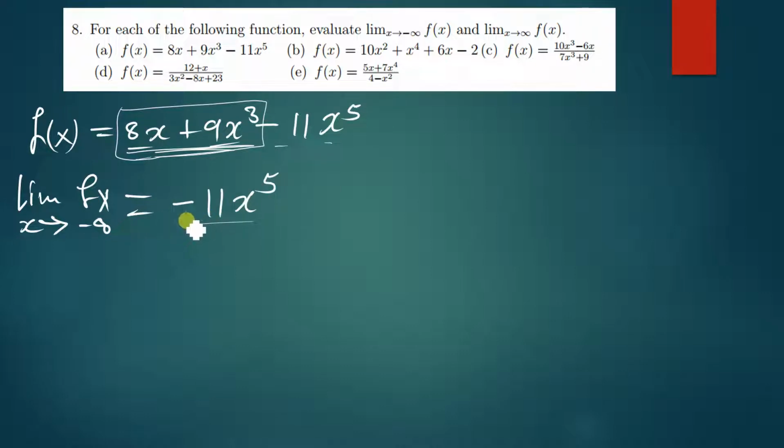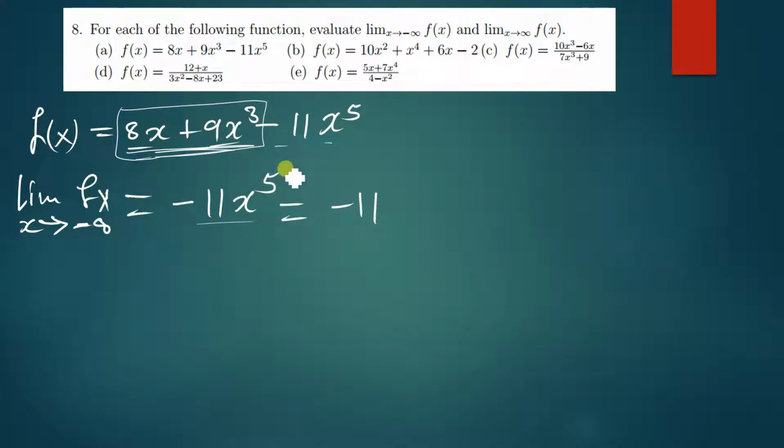So now what happens if we put a larger negative number where there's x to the power 5? You discover that the answer will be negative 11 multiplied by a larger negative number raised to the power 5, which will still be negative.